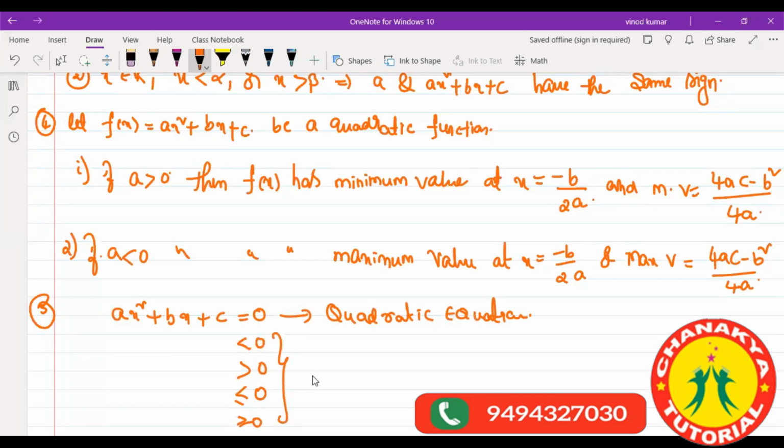That time, that is a quadratic inequation. So we have quadratic expression, quadratic equation and quadratic inequation.